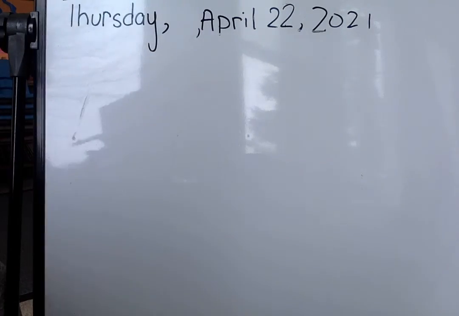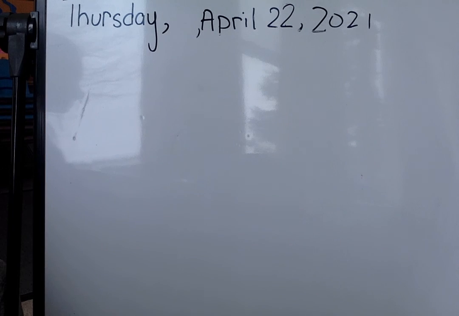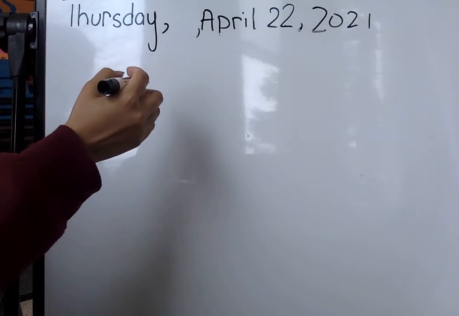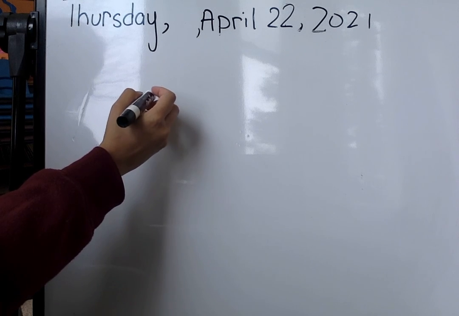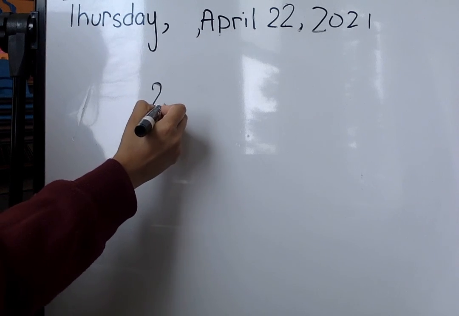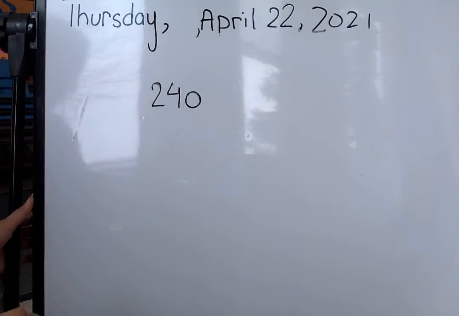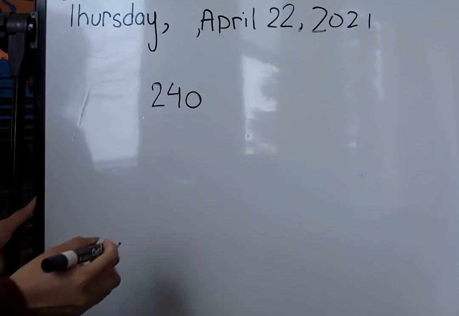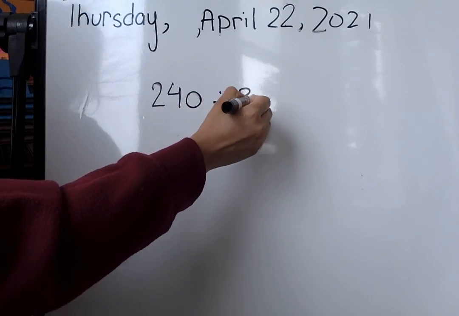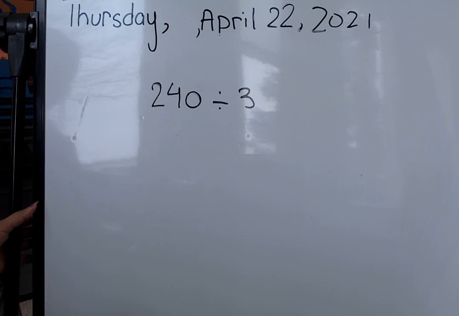That means we are working with 3 numbers. Because 240, and then we need to divide it into 3. So we are going to divide up our answer.